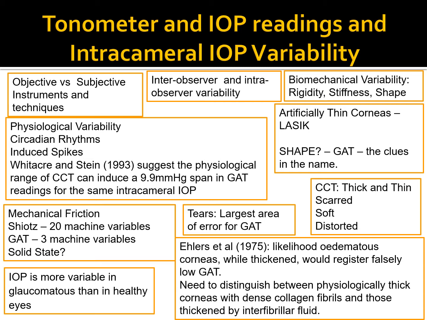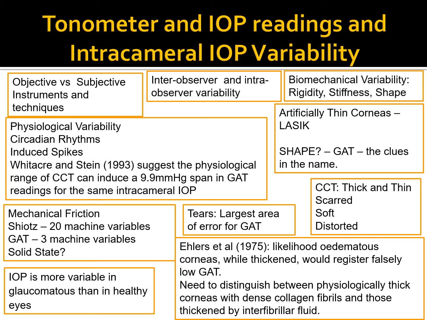There's mechanical friction. One of the great things about GAT was the fact that it reduced machine variables from 20 in the Schiøtz down to 3. So that was a great thing. But then what about solid state stuff now? Surely we can reduce that even further. Obviously IOP is more variable in glaucomatous patients anyway. Then there's biomechanical variability: rigidity, stiffness, shape, which I'll come on to.